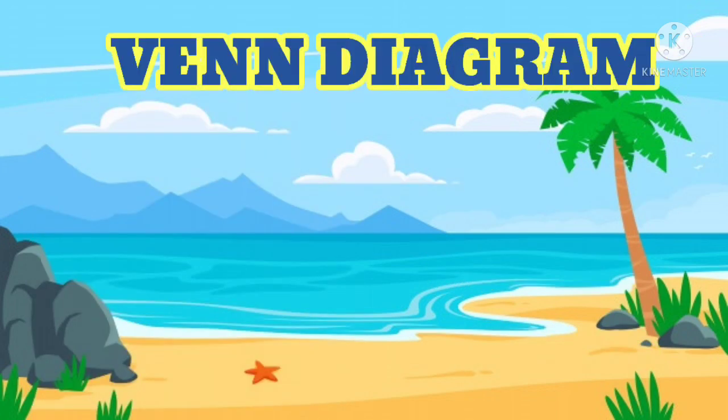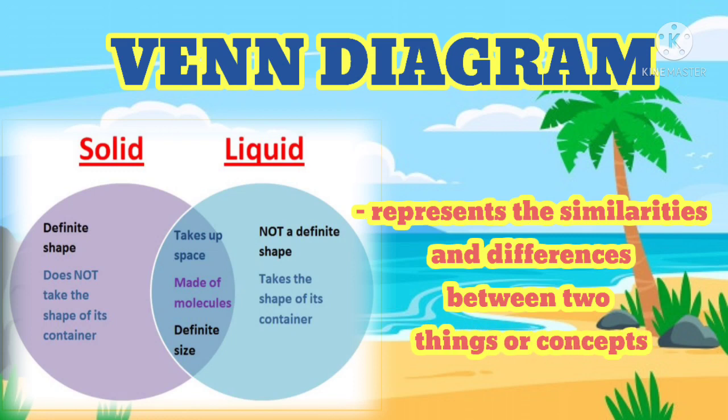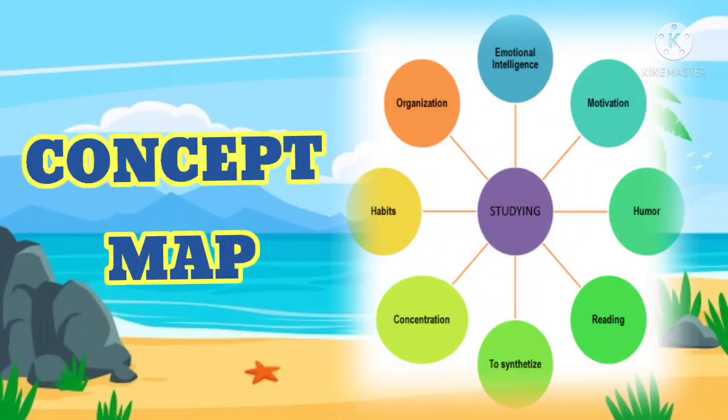And then we have also the Venn diagram. A Venn diagram helps to visually represent the similarities and differences between two concepts. The two circles that overlap have a commonality, while circles that do not overlap do not share those traits. And we also have the concept map.